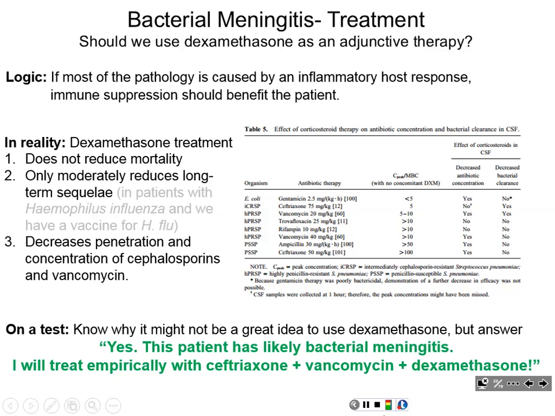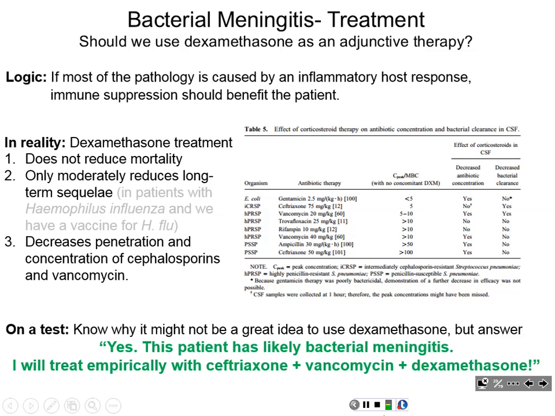In about 25% of patients that survive bacterial meningitis, there are lifelong neurological sequelae as a result of this infection. And so there's this logic of if most of the symptoms and most of the long-term sequelae are coming from the inflammatory host response, well, let's knock down the inflammatory host response and these patients will fare better.